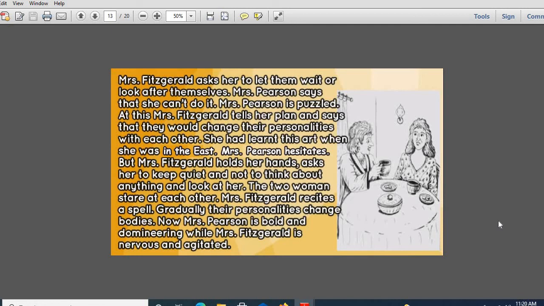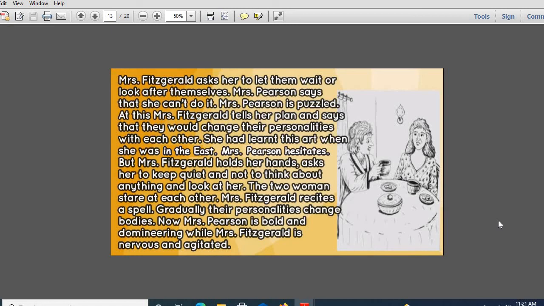Even George was surprised, because George will also see Mrs. Pearson behaving in a very arrogant manner, and both Cyril and Doris will be very surprised, because they haven't thought the outcome would be like this. They haven't seen their mother in that way.